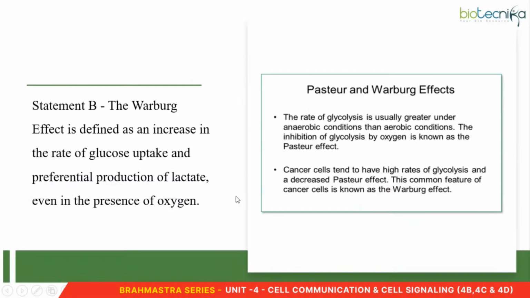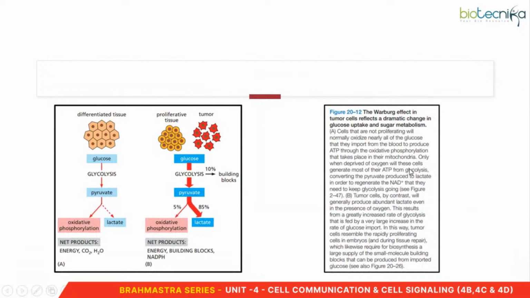See, the Pasteur effect means glycolysis can be inhibited by a high level of oxygen, but the Warburg effect means the rate of glycolysis is independent of the presence or absence of oxygen. That is what we call the Warburg effect. If you compare differentiated tissue and proliferative tissue, the preference of differentiated tissue is oxidative phosphorylation.